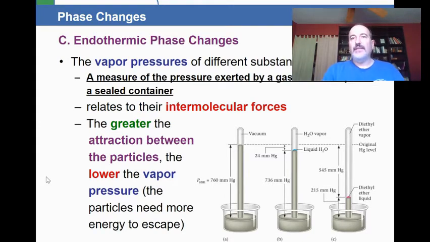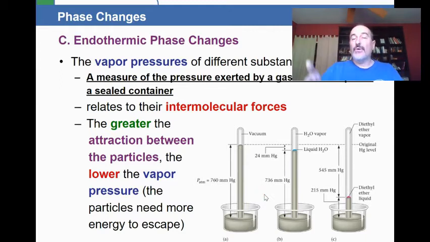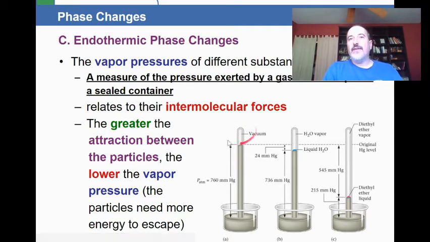All right? So if you look at this diagram here, this shows basically a barometer, okay, which is where the atmospheric pressure is pushing down on the surface of this mercury, and it pushes it up this tube, okay? And then if you have a vacuum in it, normally the atmospheric pressure is 760 millimeters of mercury, or 1 atmosphere.